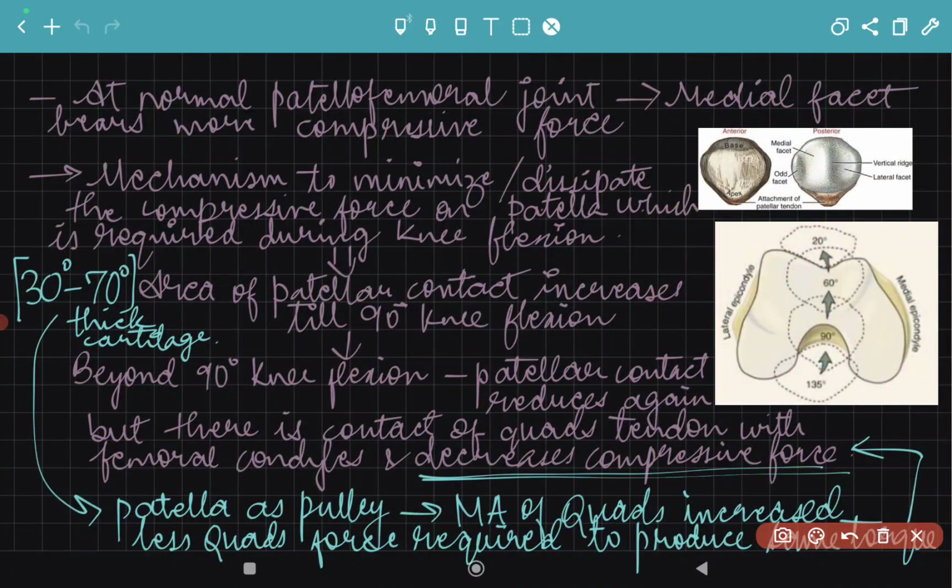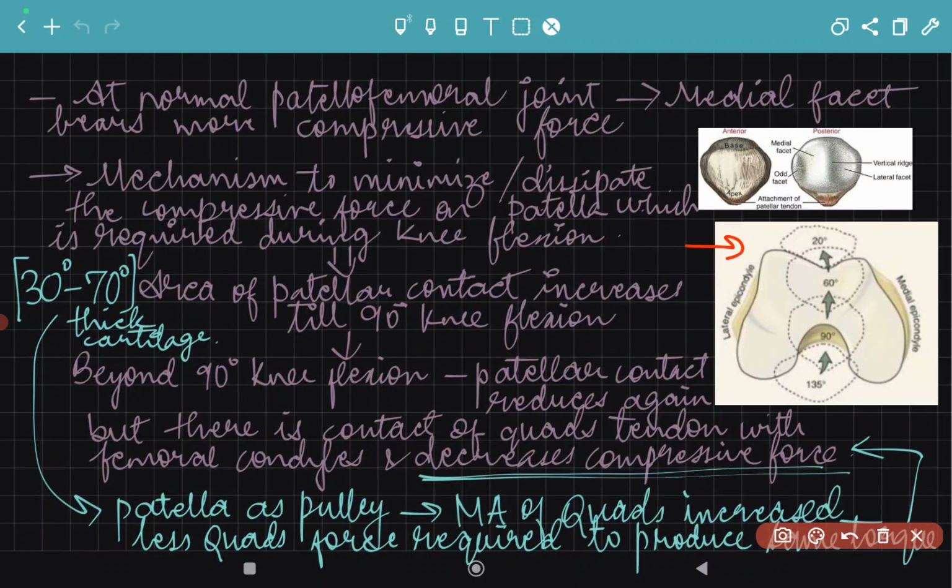So what happens is, as knee flexion progresses, mostly during 30 to 70 degrees of knee flexion or till 90 degrees of knee flexion, the area of patellar contact with the femur increases.